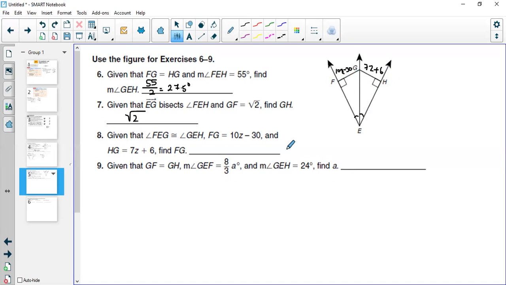So to find FG, we definitely need an equation now. To write the equation, the space here is not enough, so I'm solving the question here. We know if these two angles are congruent, that means these two sides are equal, right?